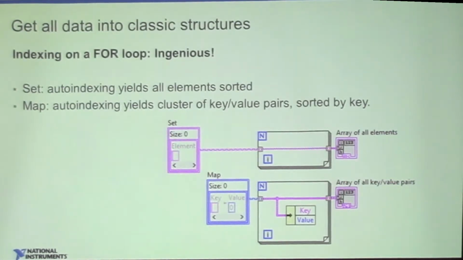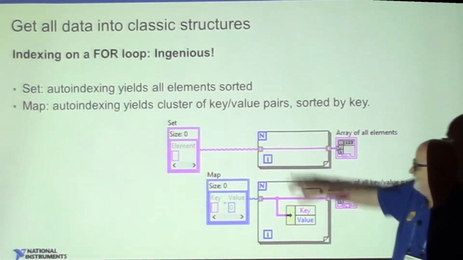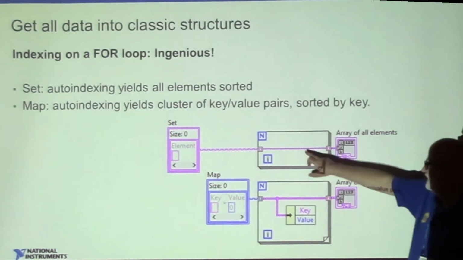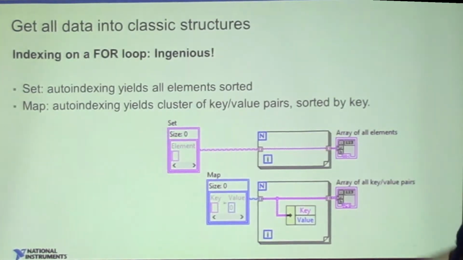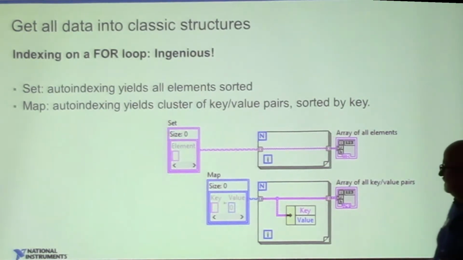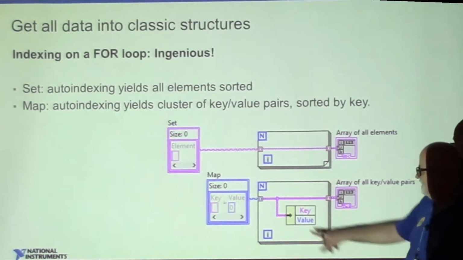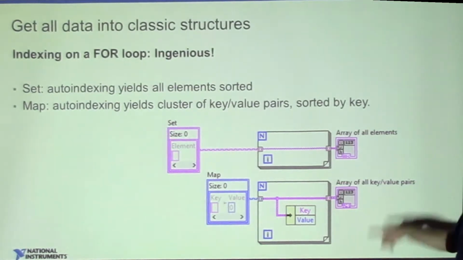Now, how do we get the elements out once we have a set? This takes a little bit of mental gymnastics, but after that you say, oh wow, that's the best way. If you auto-index on a for loop, all you get are all the elements in sorted order. And if you do it on a map, you get a cluster with all key value pairs.